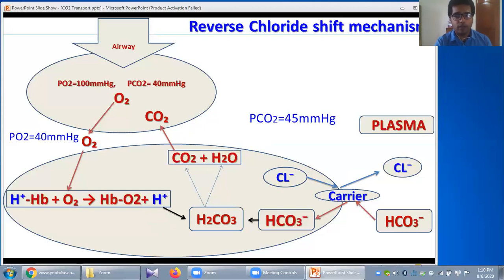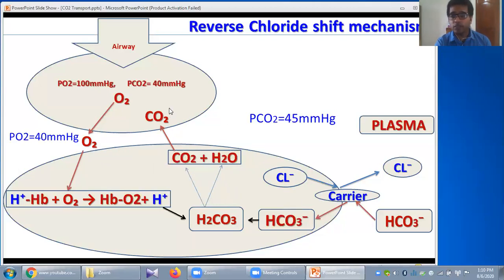Now I want to mention one point. Here you can see this reaction is actually triggered by the binding of oxygen with the hemoglobin. If oxygen molecule does not bind with the hemoglobin, this reaction will not occur, so carbon dioxide cannot be eliminated from the blood efficiently. This effect is known as Haldane effect. That is, binding of oxygen molecule with the hemoglobin tends to displace the carbon dioxide from the blood.